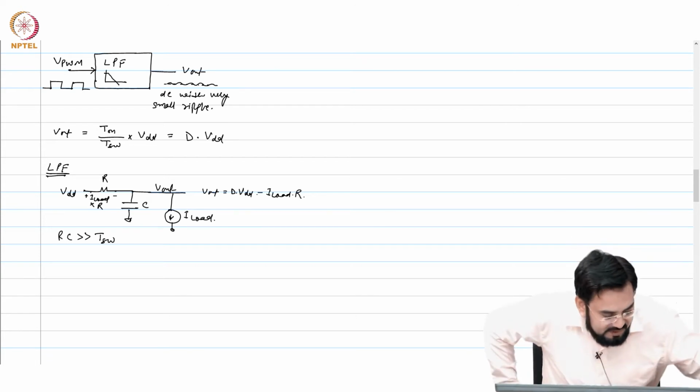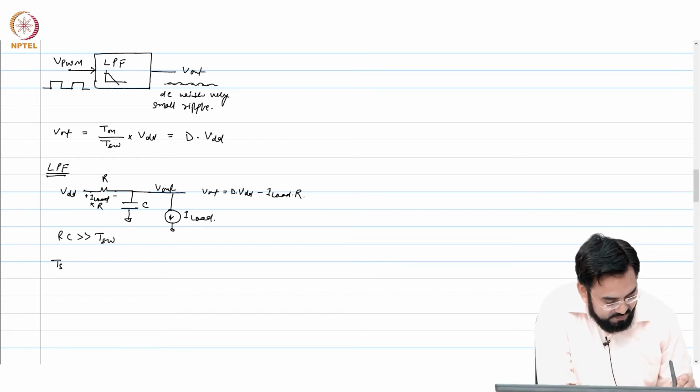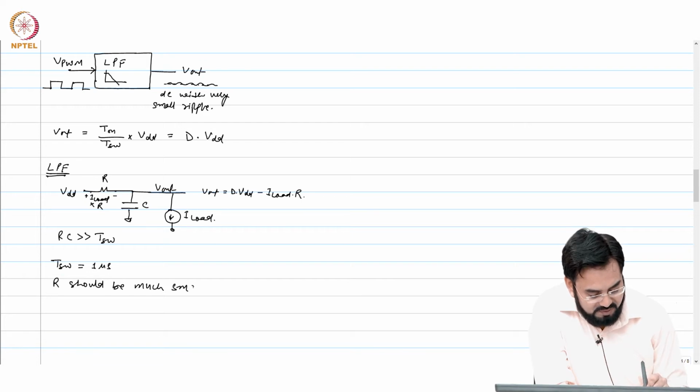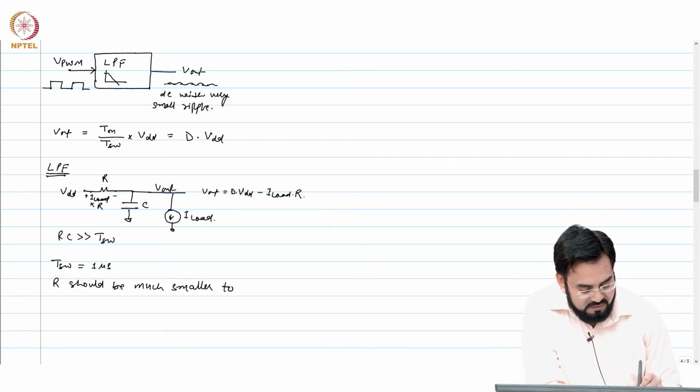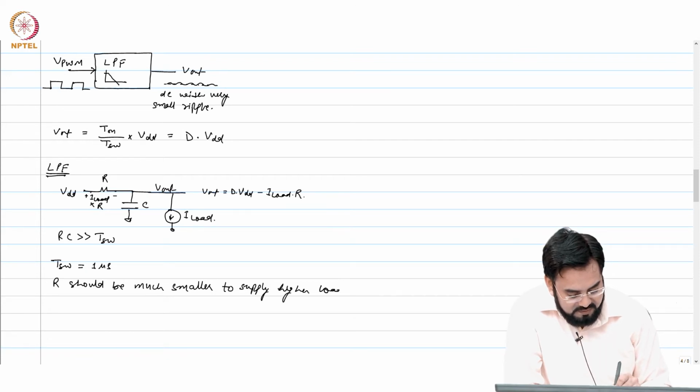So now let's take an example. Let's say your TSW is 1 microsecond, which means R should be much smaller to supply higher load current.